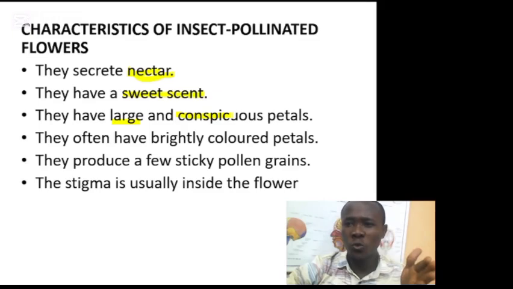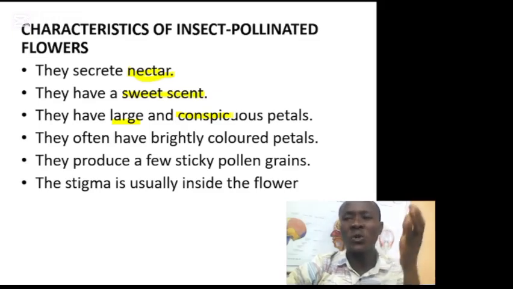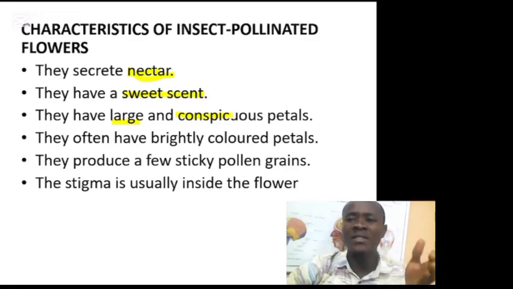So what they have to do, they will produce a lot to increase their chance. Insect pollinated flowers, they know this insect has to move from one flower to another and the process is short compared with the wind pollinated flowers, where the pollen grain just has to be in the air moving.